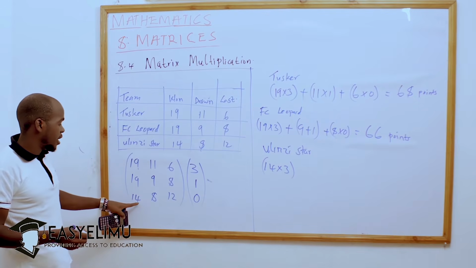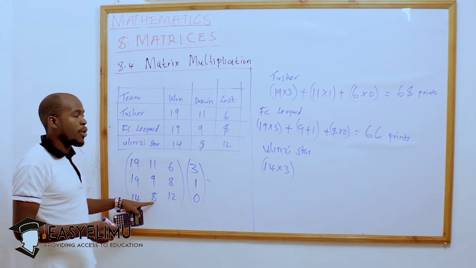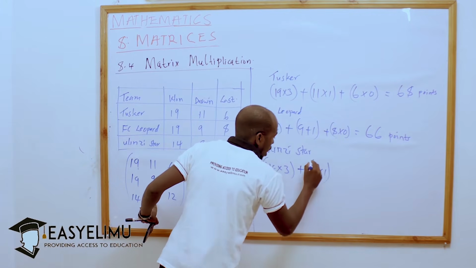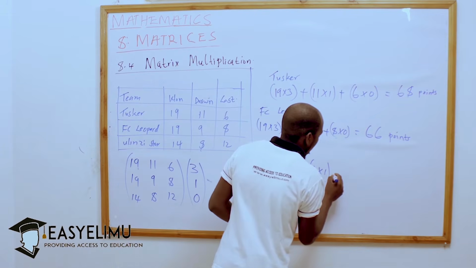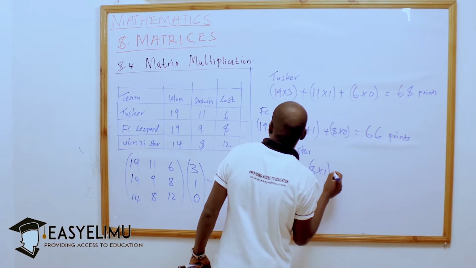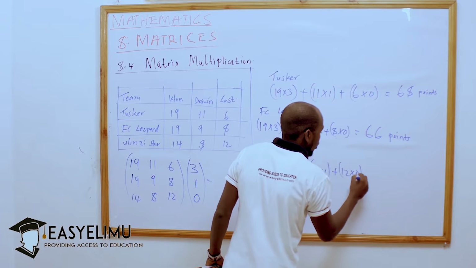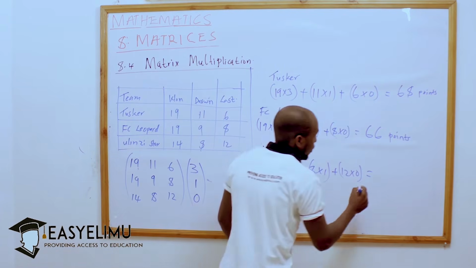This 14 by 3 is the number of games which were won. Then 8 by 1, because that is a draw. And then the last one is 12 by 0, because in a loss there is no point awarded. So we are going to add 12 by 0. And this one is going to give us 50 points.